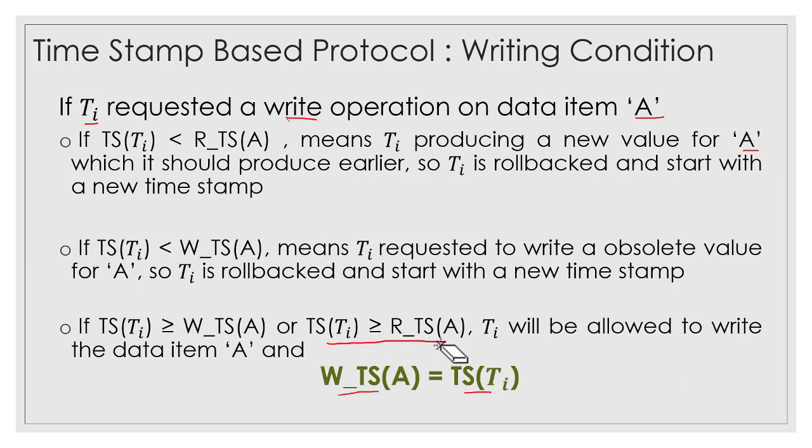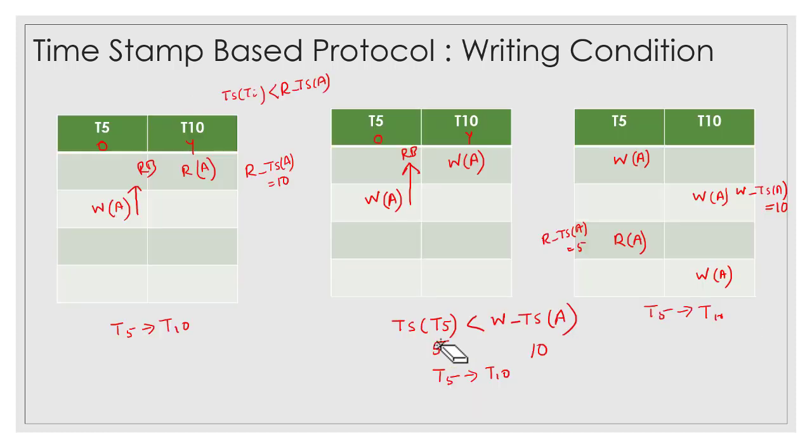As this condition is satisfied, it means the older transaction has read the data which will be written by the newer transaction. So in that case, we are not hampering the serial schedule. So we are going to allow this one, and the write timestamp of the data item A will be 10.